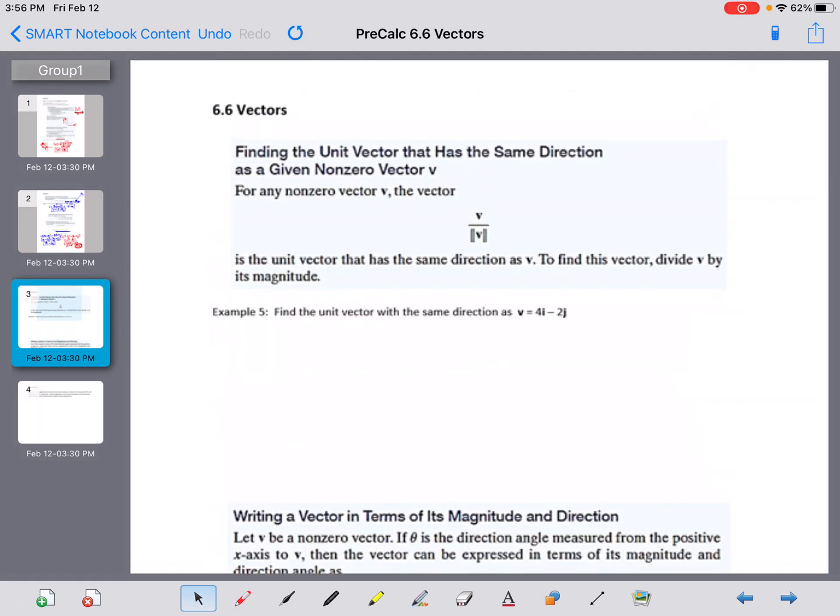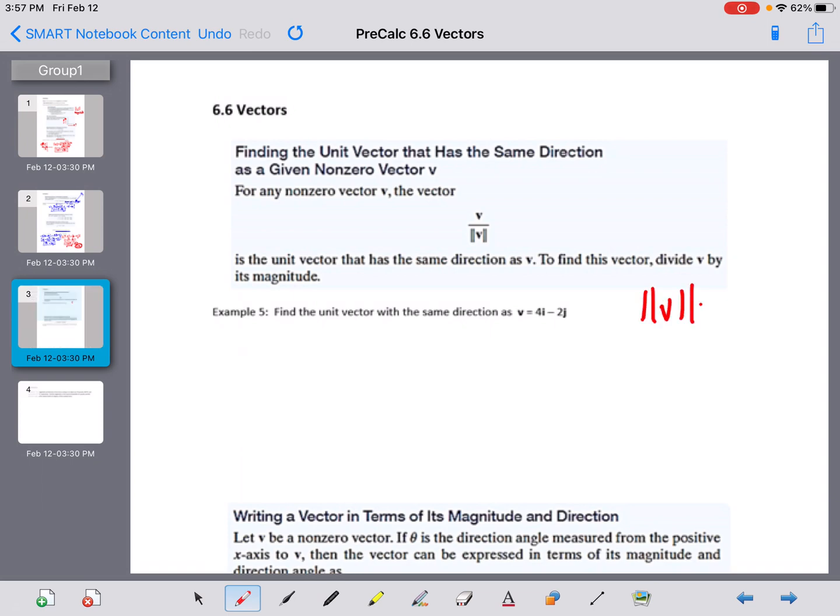Finding a unit vector that has the same direction as a given non-zero vector. So the rule for this is simply to take your vector and divide by the magnitude of the vector, and you'll be able to find the unit vector with the same direction, okay? So I have been given vector v, which is 4i minus 2j. So the first thing I'm going to do is find its magnitude.